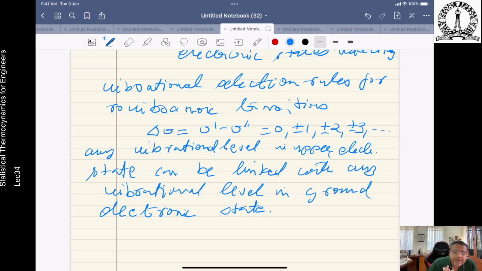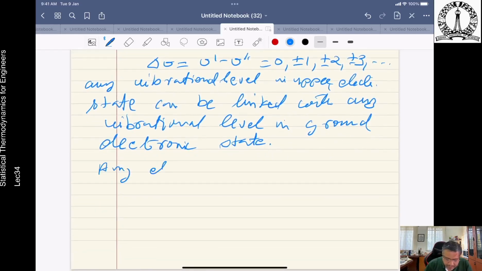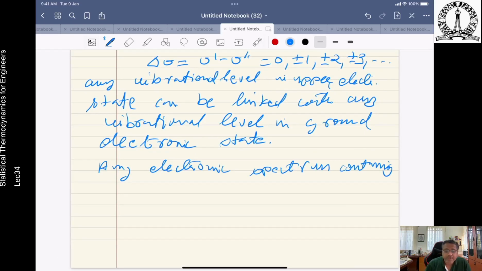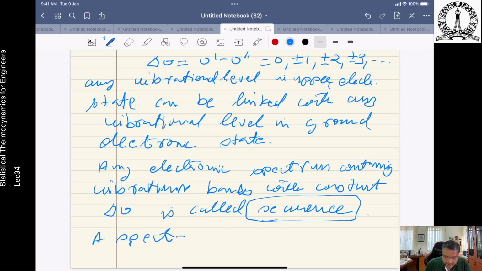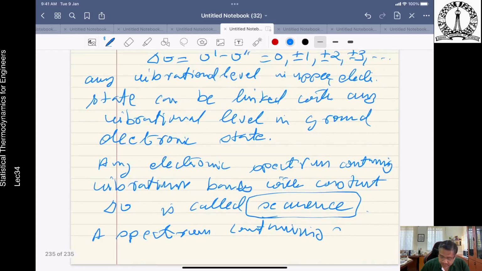A spectrum containing regular vibrational bands with either constant v prime or v double prime is called a progression.